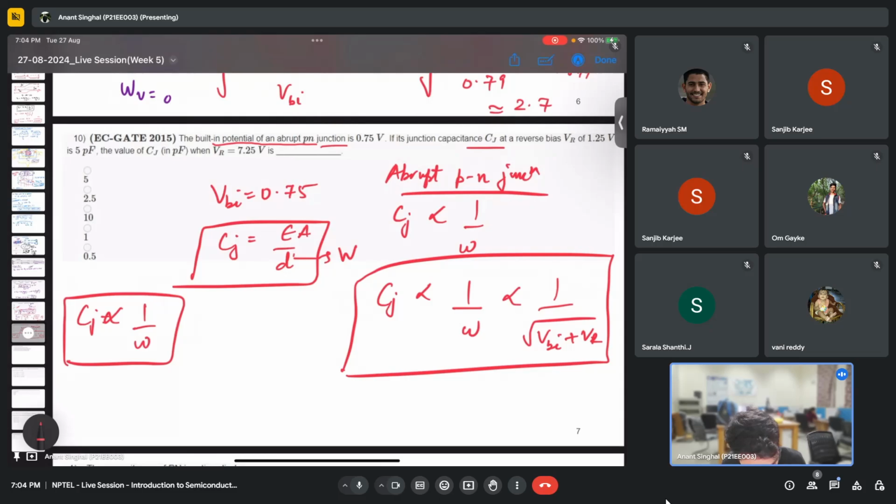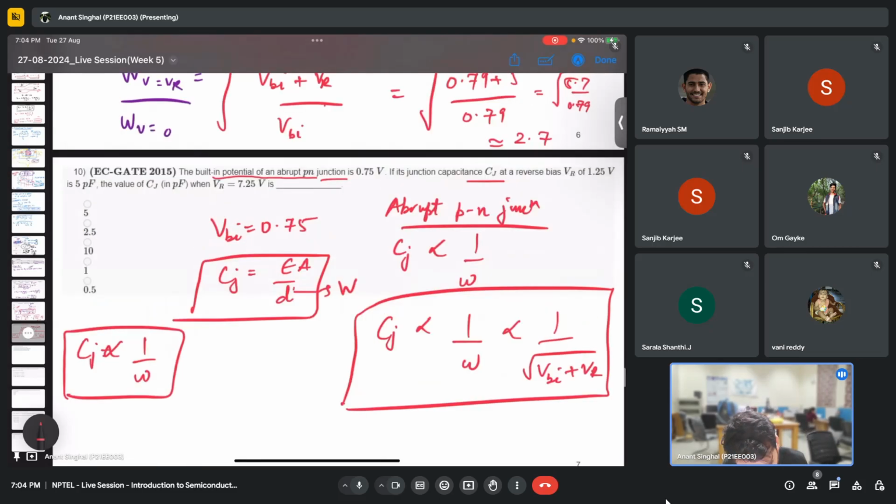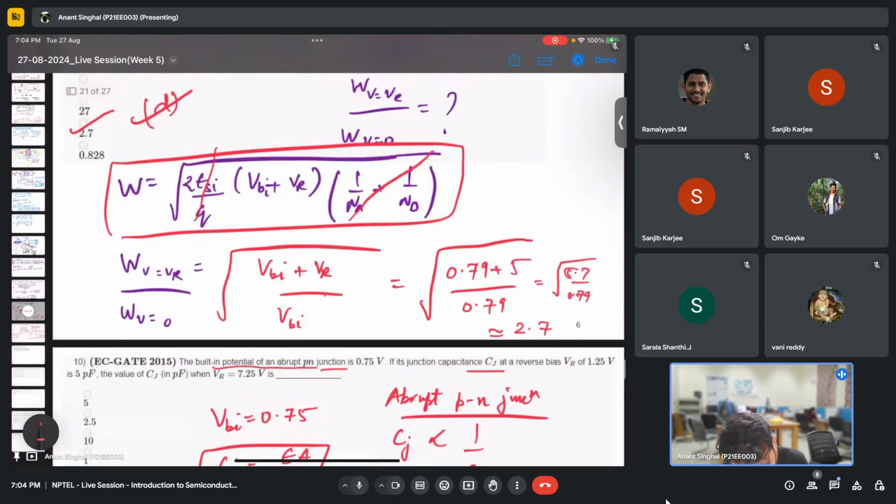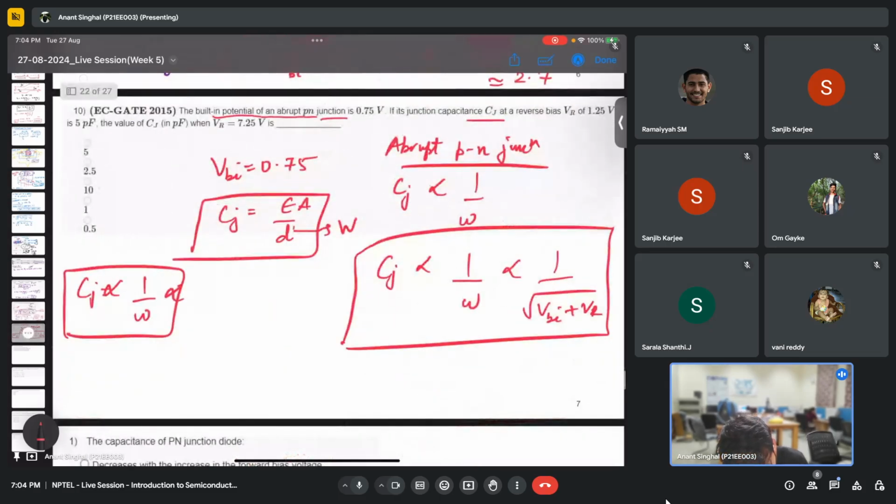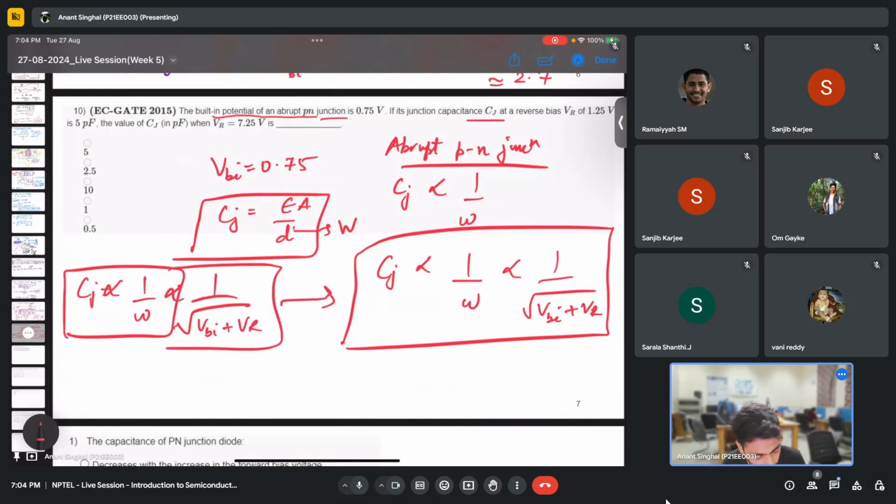This is a very basic thing, epsilon A by D, or epsilon by width only. So it is inversely proportional to the width. And in the previous question, I just told you that W is dependent upon VBI plus VR. So here I can write that W is proportional to VBI plus VR. Is it clear? Okay, sir.